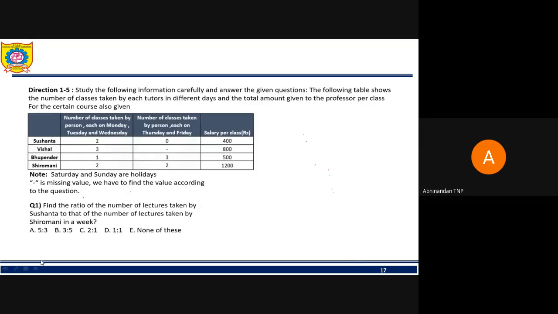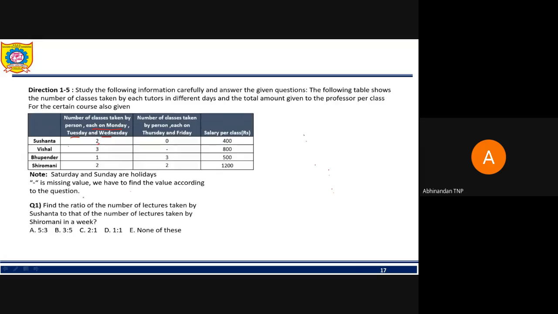It is given that the number of classes taken by each person on Monday, Tuesday and Wednesday: on these three days, every day there are 2 classes. Monday 2 classes, Tuesday 2 classes, Wednesday 2 classes. Number of classes taken by each person on Thursday and Friday, it is like this: 0, 3.